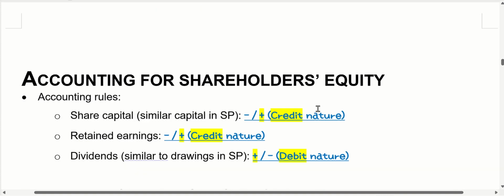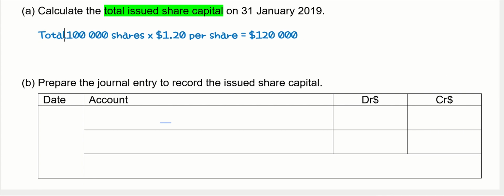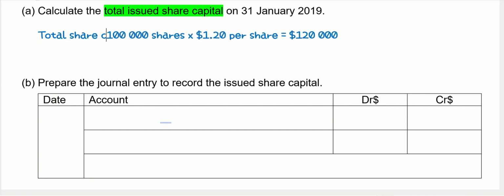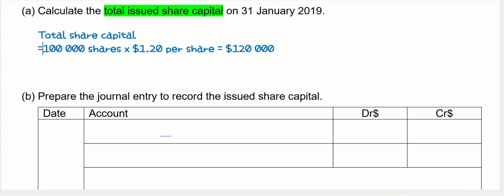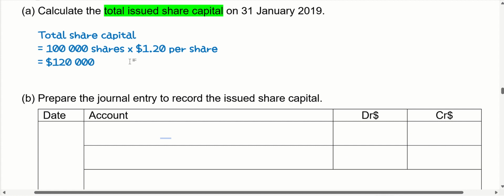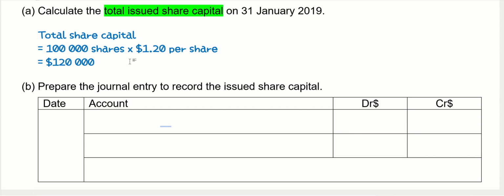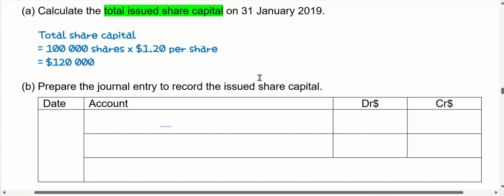So I take 100 shares times $1.20 per share equals 120,000. Remember, no dollar sign. The command word is calculate. Do a simple calculation, show all workings.